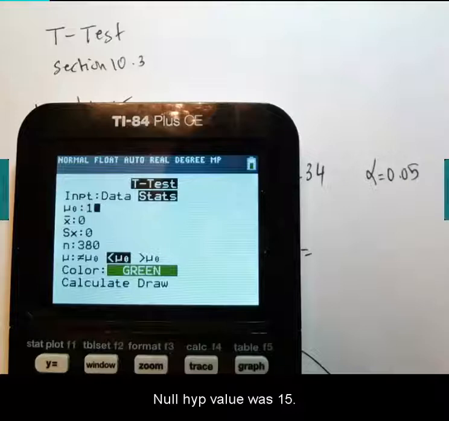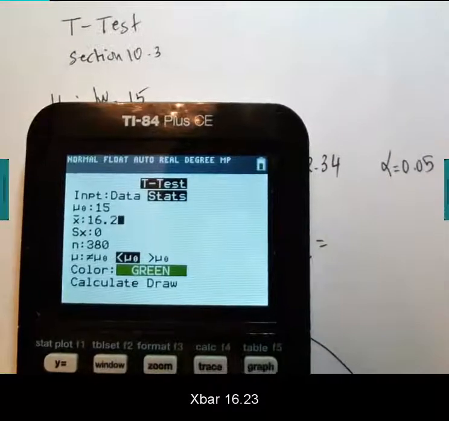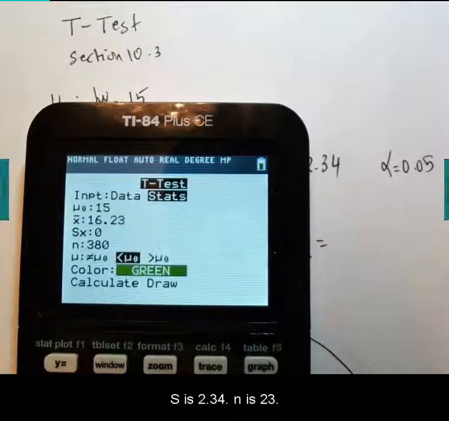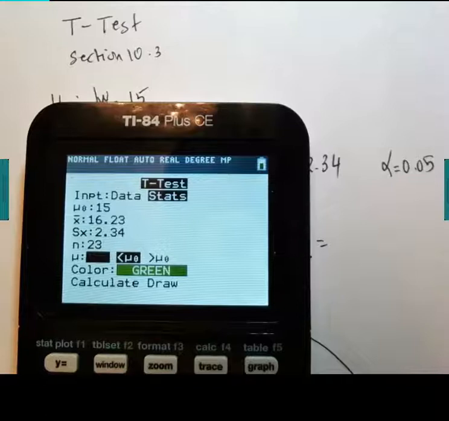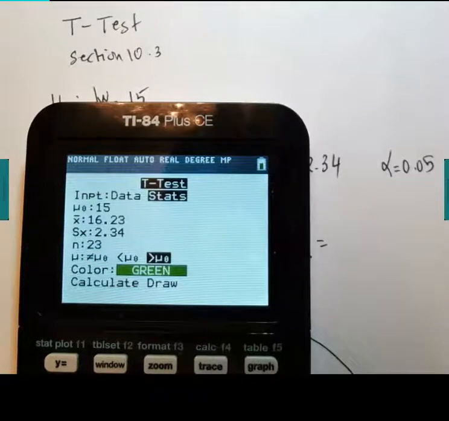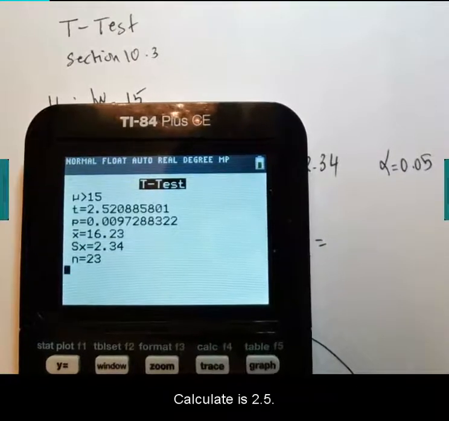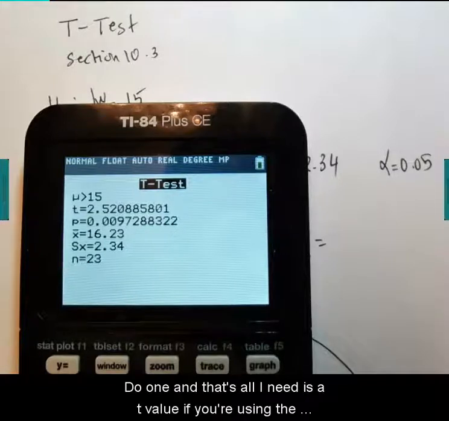Mu 0 is 15, x bar is 16.23, S is 2.34, n is 23, and we're testing that the mean is greater than. Calculate. T is 2.521, and that's all I need.